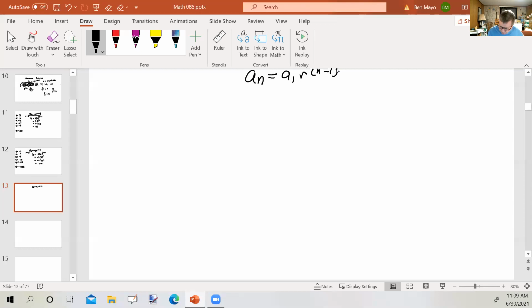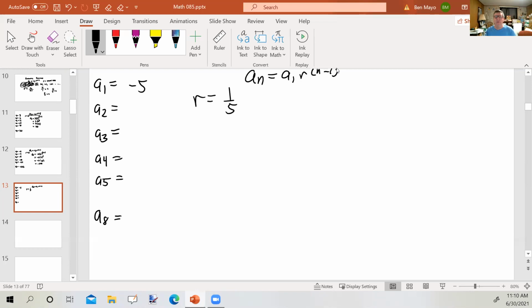A sub 1, a sub 2, a sub 3, a sub 4, a sub 5, and again they want the 8th term. We're told that the first term is -5 and the common ratio is 1/5.